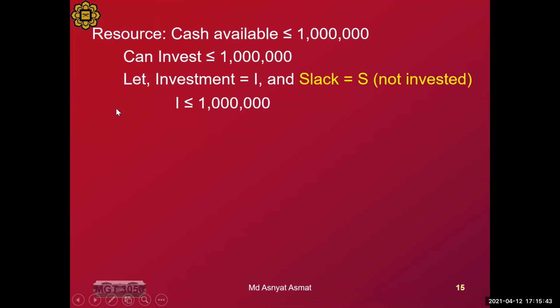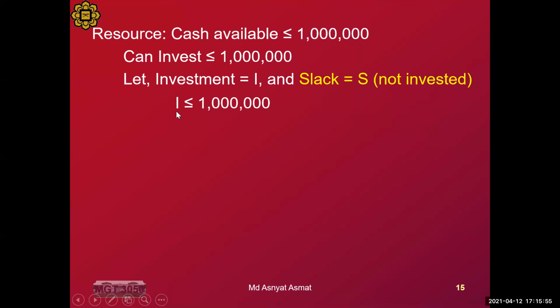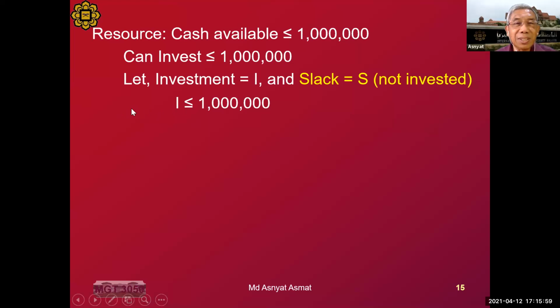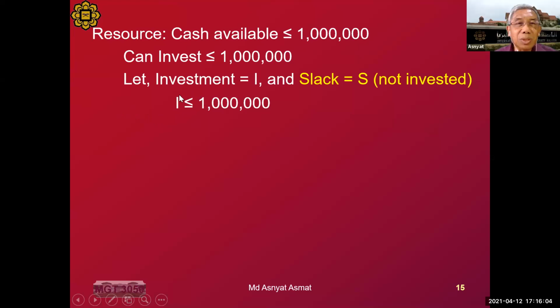So if I were to invest, say, 800,000, what is the amount not invested? 200,000. If I were to invest 500,000, the amount not invested, the slack, is 500,000. Okay, let's rewrite this. Now you want to change this into equal, because the 200, the 500, you cannot see. If I were to write it this way, investment plus slack equals 1 million.